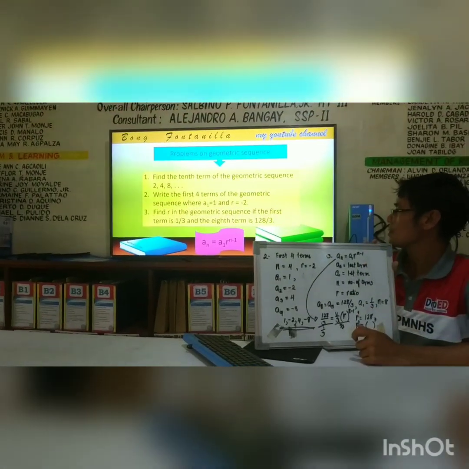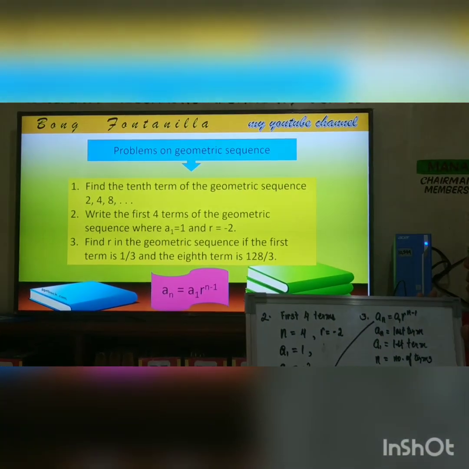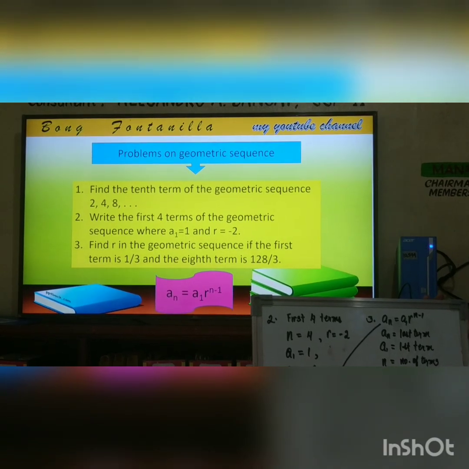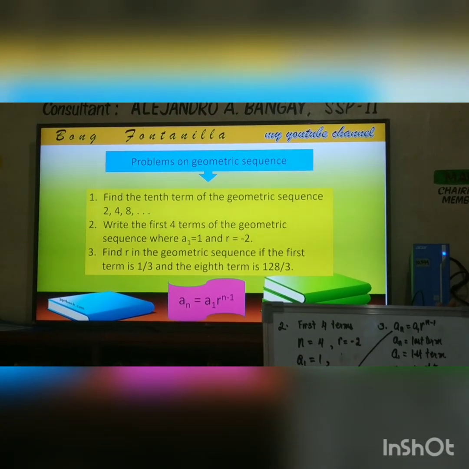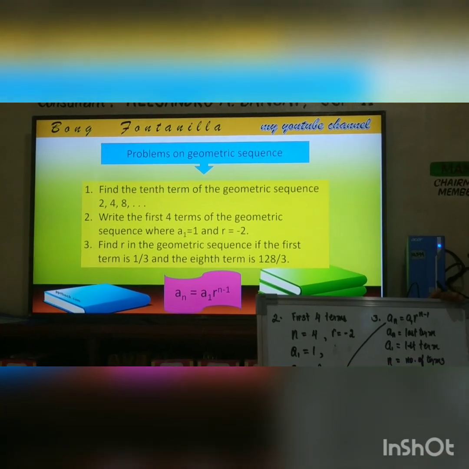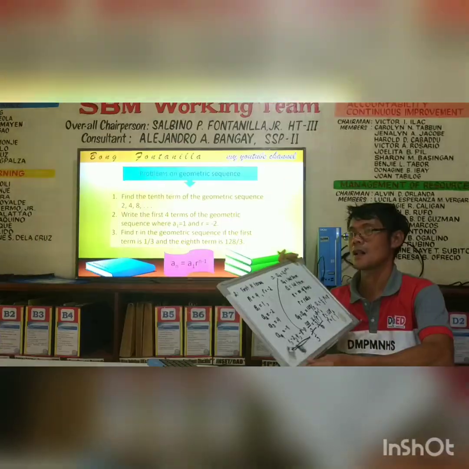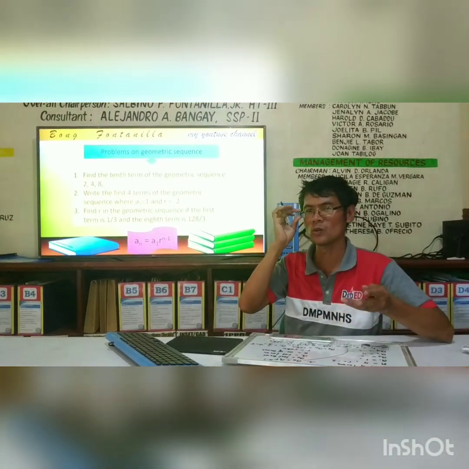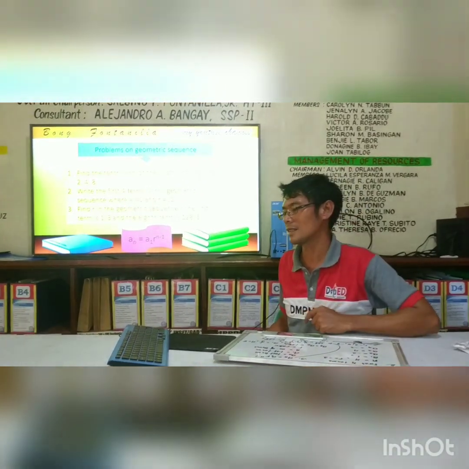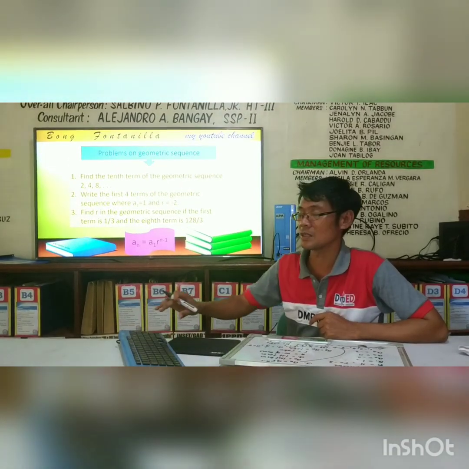Find r in the geometric sequence if the first term is 1/3 and the 8th term is 128/3. So for this, we can no longer apply something like manual or mental, but here we will now be using the formula.